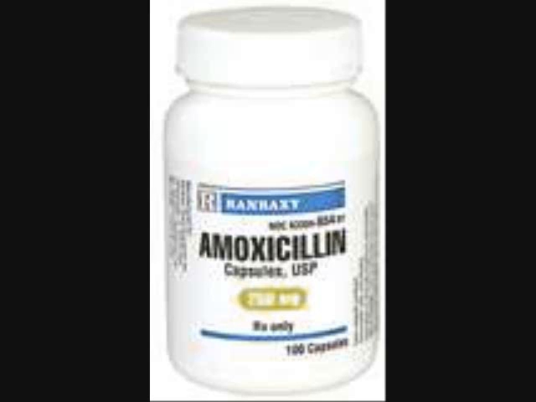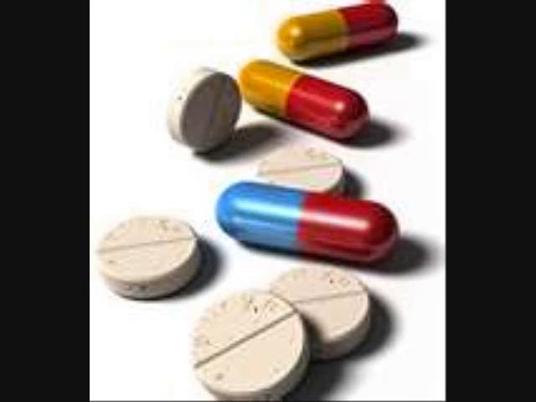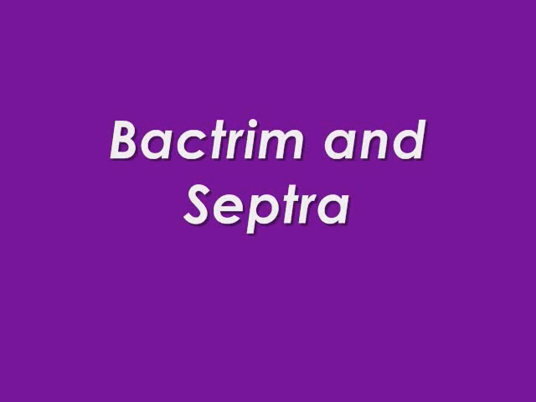UTI can be treated through an oral antimicrobial chemotherapy. Antibiotics such as beta-lactam agents such as amoxicillin and the cephalosporin group, trimethoprim-sulfamethoxazole like Bactrim and Septra, or a fluoroquinolone like ciprofloxacin or levofloxacin.